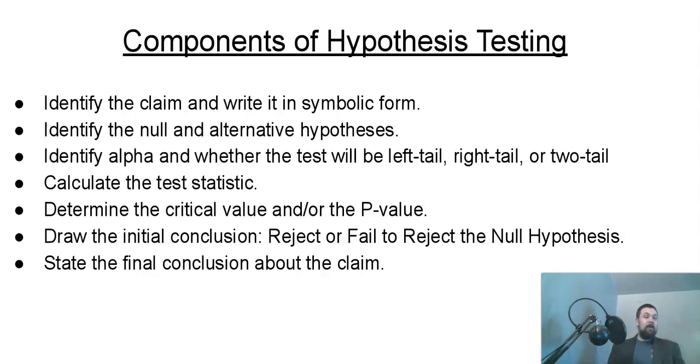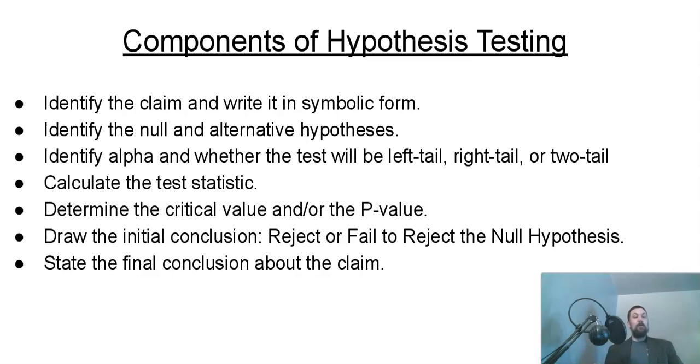So the claim, the hypotheses, left tail, right tail, two tail, the critical value, the p-value, rejecting or failing to reject, all of that really doesn't change. It's going to be the same as it was in chapter 8. The only thing that really changes here is the test statistic. That becomes a lot more complicated, but the rest of the process really will not change that much.